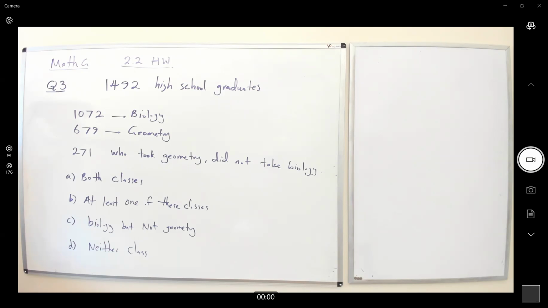So you can find the intersection between these two by doing the following calculation: geometry, 679, minus people who only took geometry, not taking biology, 271. This is equal to 408. So 408 people took biology and geometry. That's the meaning of that. Geometry and biology, the intersection.